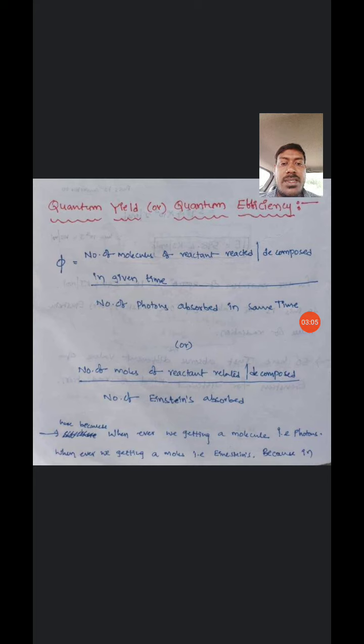That is called quantum yield or quantum efficiency. Because whenever we consider molecules, that is photons, and whenever we consider moles, that is Einsteins.